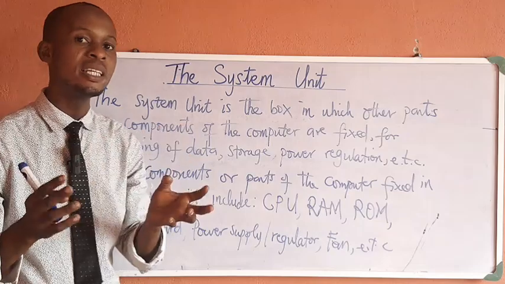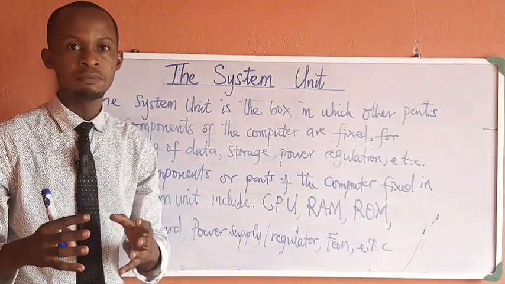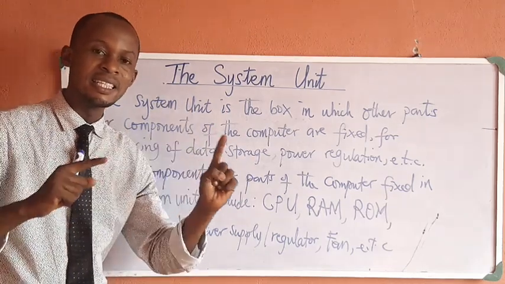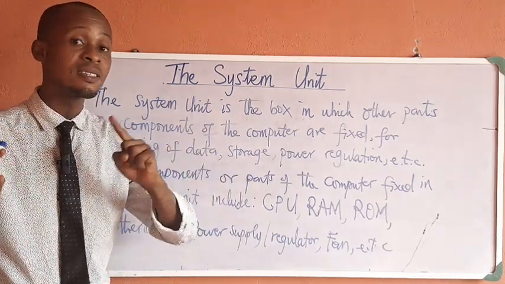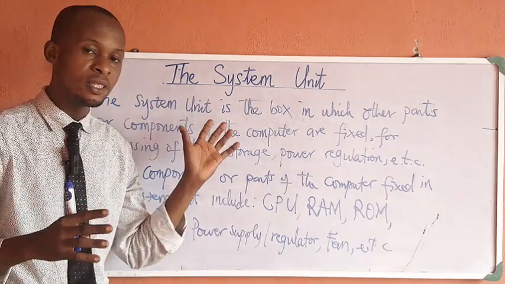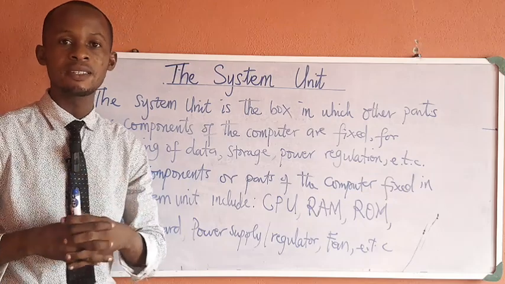So the system unit is the main unit of the computer hardware. Every other device that is a part of the computer system must have a connection with the system unit for it to function effectively. So I'm going to stop the class here.